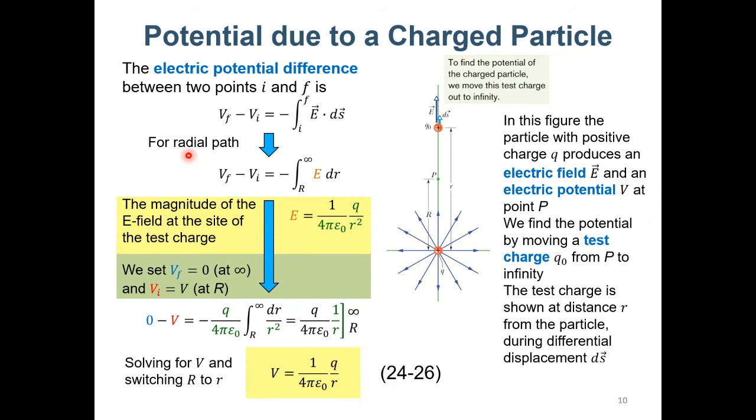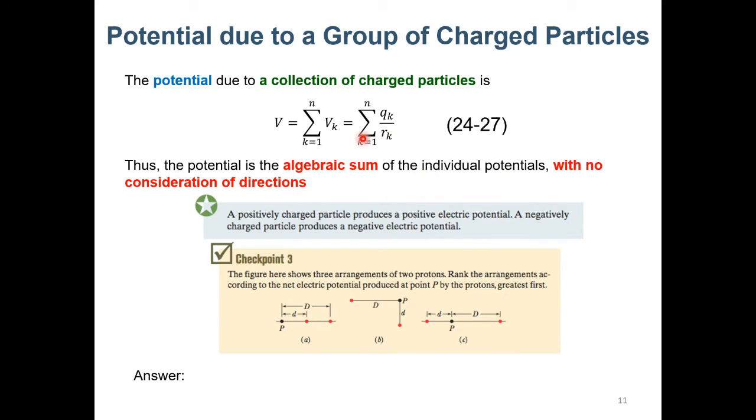And so if we have one charged particle, the electric potential due to that charge will be like this. If we have more than one charge, we can simply calculate the electric potential due to each charge, and then we add all of them together, and that's it. Okay, I think I have ignored something here.